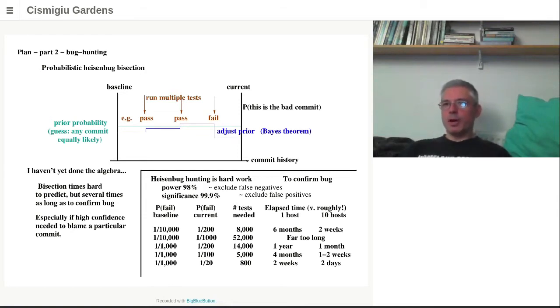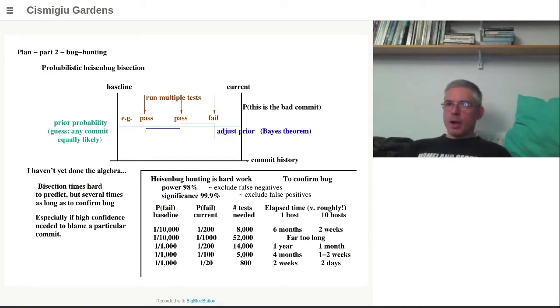But it could probably find things in Xen reasonably easily. Okay, so that's the second part of my part 2 plan.